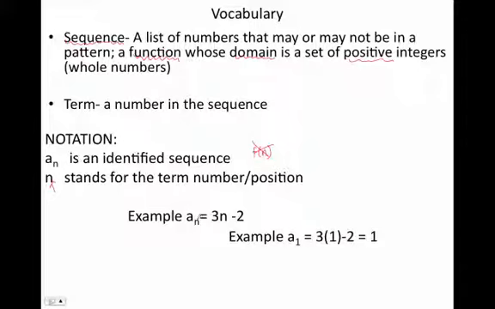So you would plug that in, and you would get your first term. So instead of saying what is the first term in my sequence, given this equation I can just write, given this, what is a sub 1? That is what I'm asking. What is the first term?